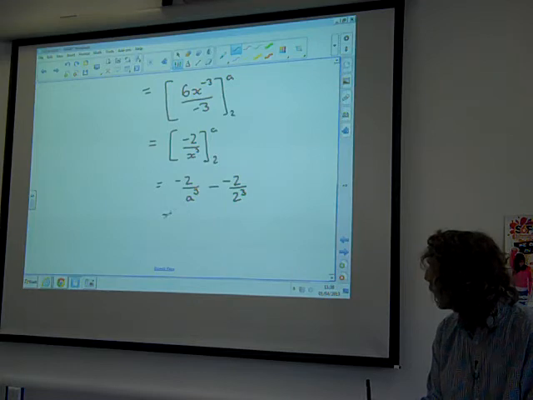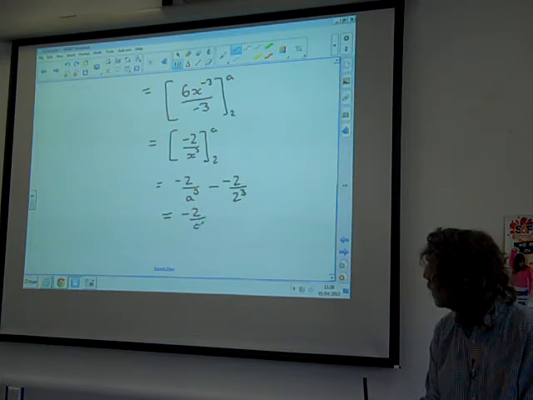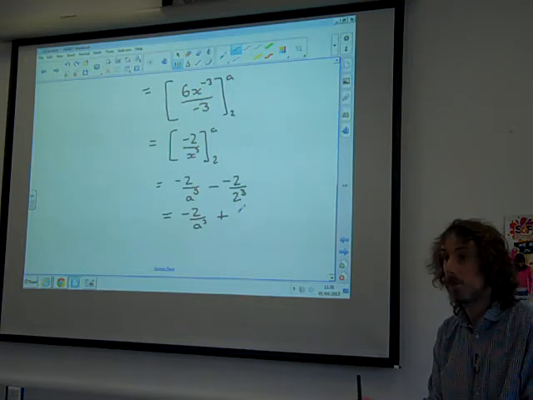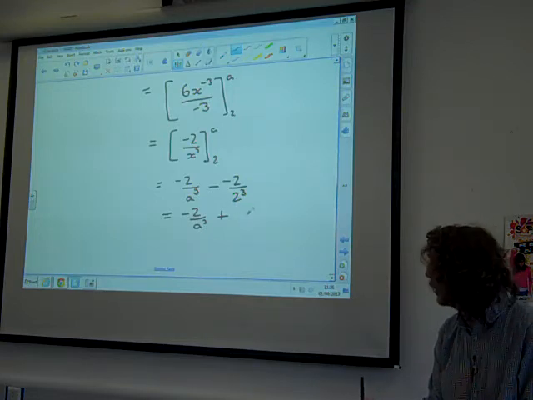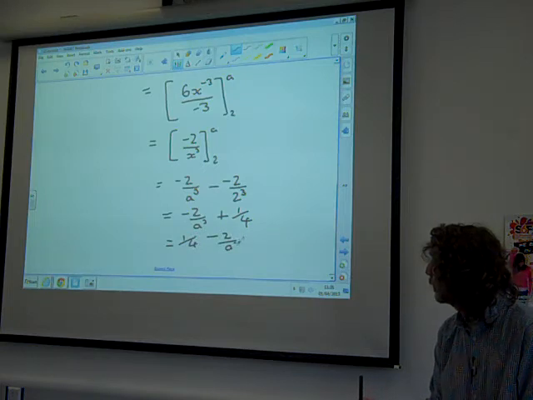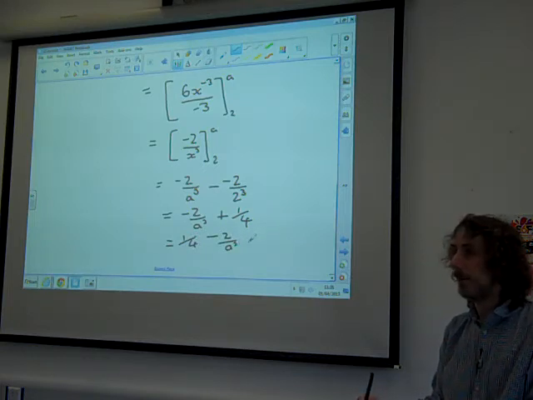But we've got minus 2 over a cubed, and look, this is plus, because it's minus minus a quarter. That would end up being 2 over 8, which is a quarter. And that's enough for our answer, but I'm going to write a quarter minus 2 over a cubed. That's my answer then.